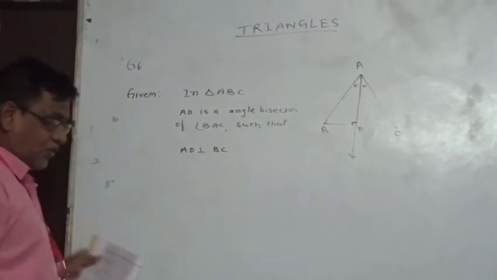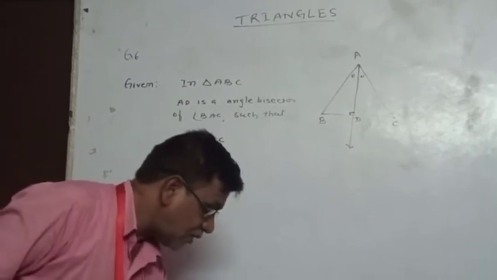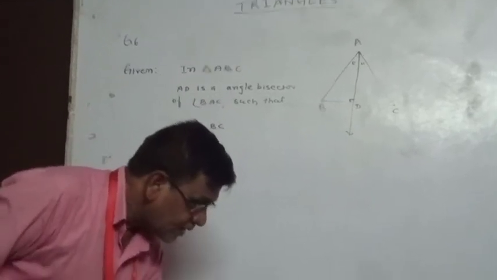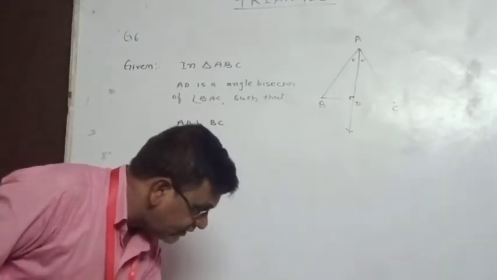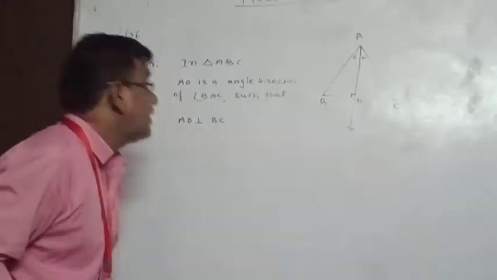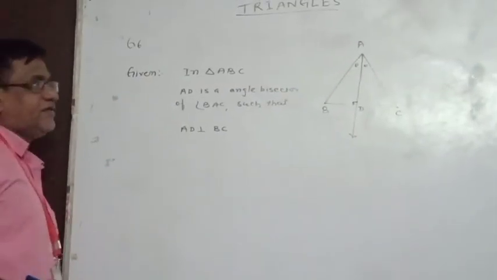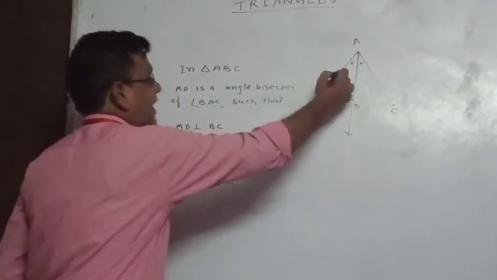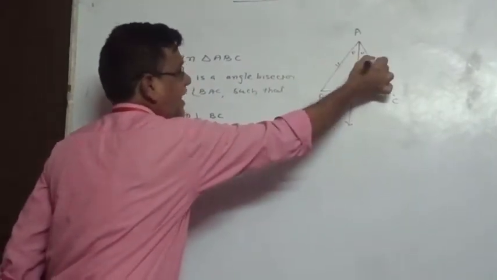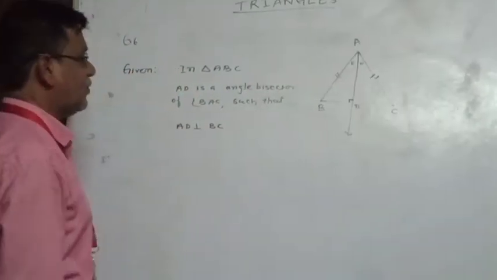It is given to you. Okay. Now what to prove? Then triangle ABC is an isosceles triangle. You have to prove this triangle ABC is an isosceles triangle, means you have to prove AB is congruent to AC.